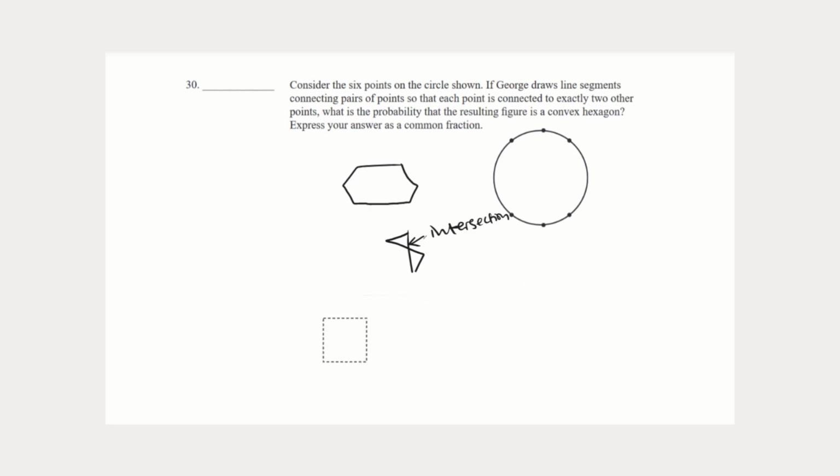So you can't just call this a polygon. You need this to be closed. Okay, so keeping that in mind, we're going to look at this diagram. And you see that there's only one way to make a convex hexagon. I'm going to call the points A, B, C, D, E, F. You need A connected to B, B to C, C to D, D to E, E to F, and finally A to F. Any other configuration, if you test it out, will not give you a convex hexagon, because either the lines will intersect, or it won't have 6 sides, or the angles won't work either.